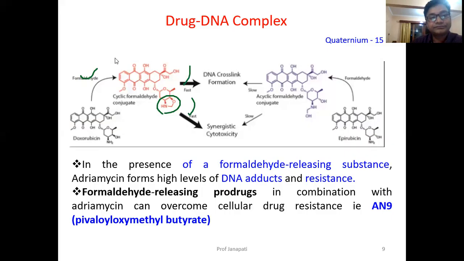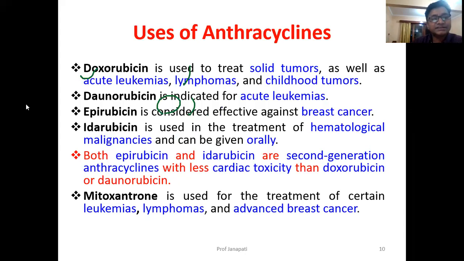Now, uses. Let us learn some of the uses of these anthracyclines all at a time. Doxorubicin is used to treat solid tumors, as well as leukemias, lymphomas, and childhood tumors.